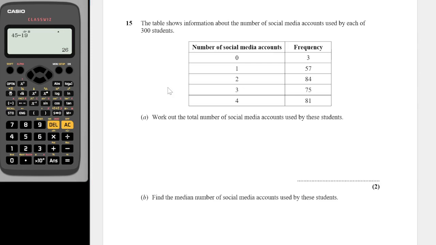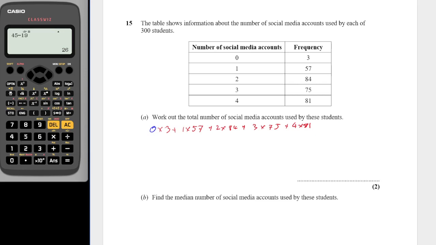Okay, question 15. The table shows information about the numbers of social media accounts used by each of 300 students. So the number of social media accounts and the frequency. Work out the total number of social media accounts used by these students. So the total is going to be, I'm going to have to times these together. So in effect, I'm going to do 0 times 3 plus 1 times 57 plus 2 times 84 plus 3 times 75 plus 4 times 81.